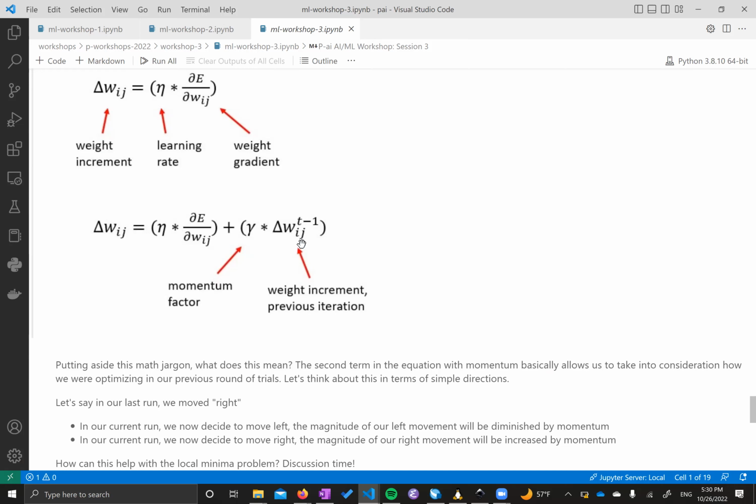So by summing this momentum term onto our error, it's going to add this movement onto how we change our weights at this point. So if we're moving here, then when we compute the weights at the next point, momentum is going to keep us moving this way, because we were already traveling this way to begin with.